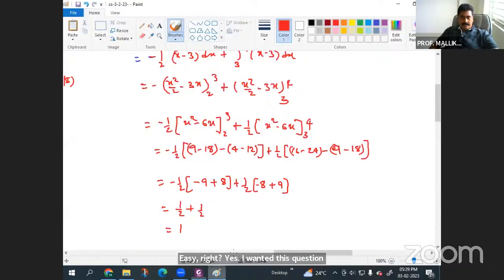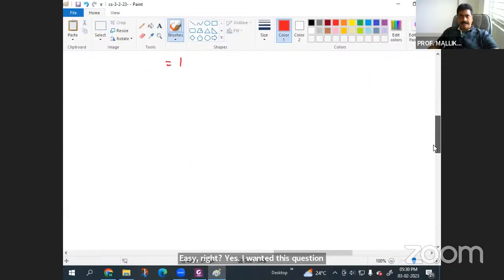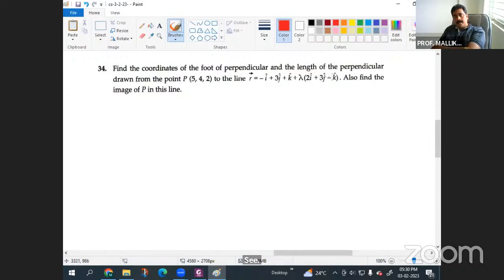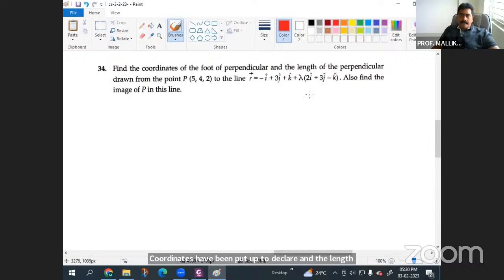This is a very good question. See. Find the coordinates of the foot of the perpendicular and the length of the perpendicular drawn from P (5, 4, 2) to the line r bar equal to minus i plus 3j plus k plus lambda into (2i plus 3j minus k).